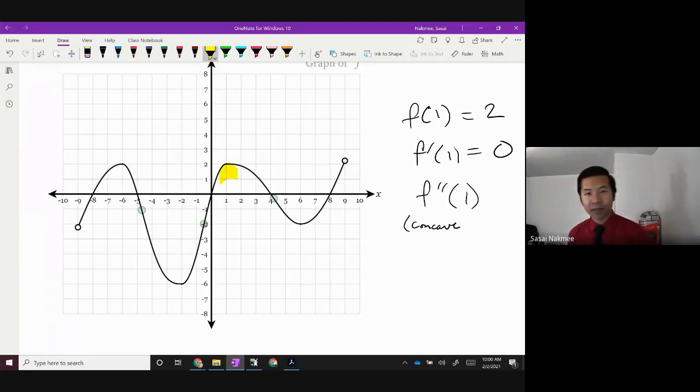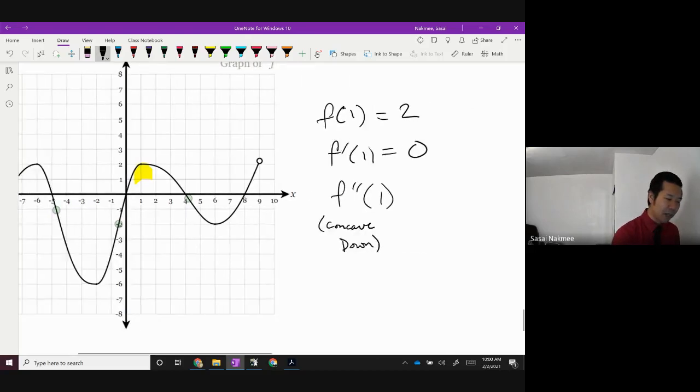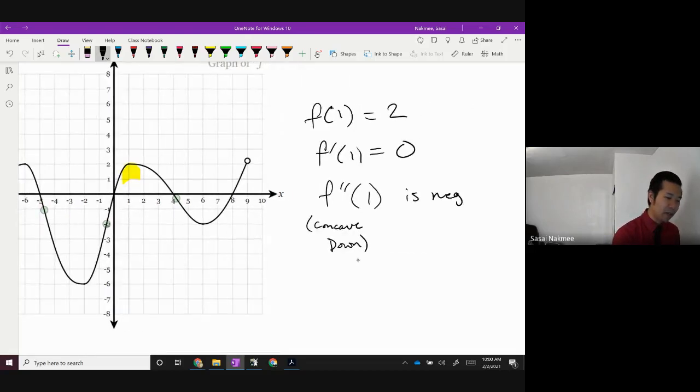Concave what? Concave down. That's right. So at x equals 1, we have something that's concave down. And that's why both Brian and Monica are saying that it is negative, because when you have something that's concave down, that means the second derivative is negative. And that's it.